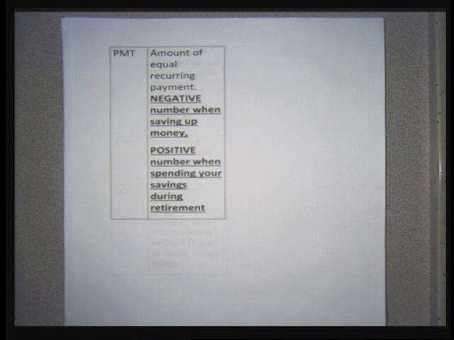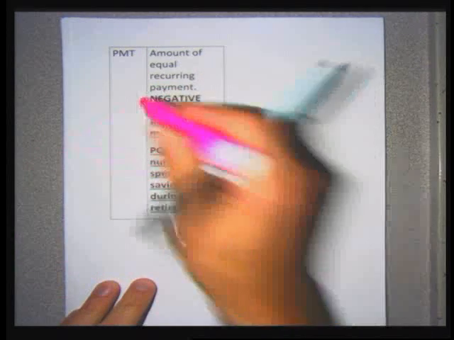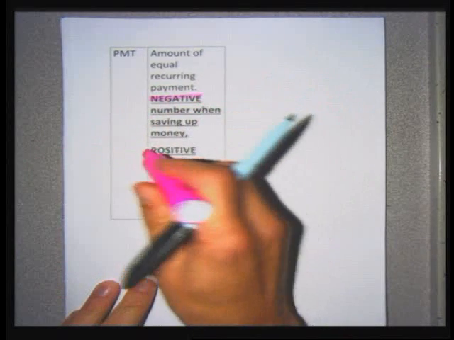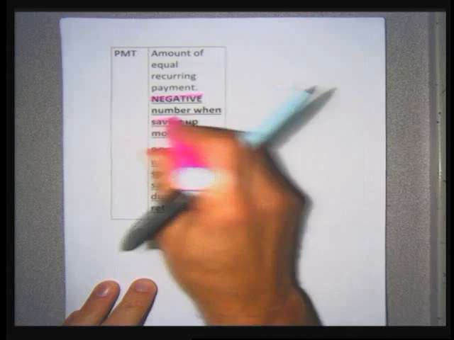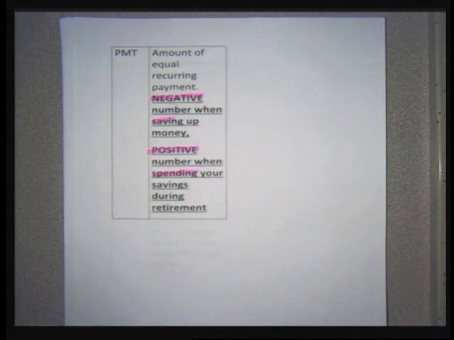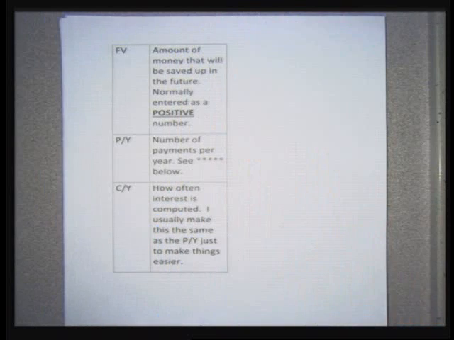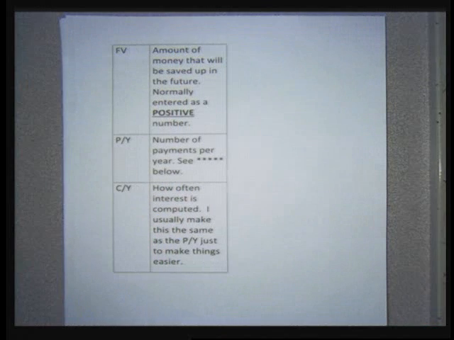And so when we're saving money, the PMT is going to be negative. While we're spending money, the PMT is going to be positive. And again, we'll get to that deeper when we get further into the section. So those dollar amounts, the PV and the PMT, the signs can fluctuate depending on the problem.